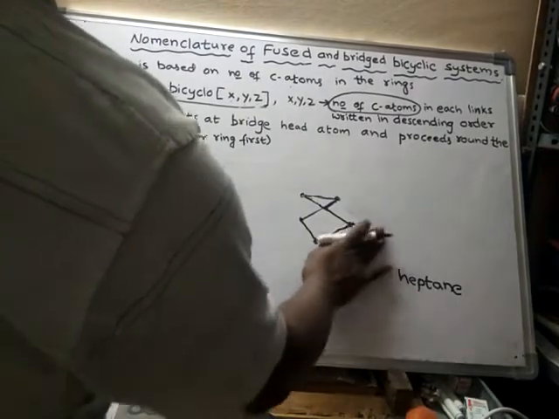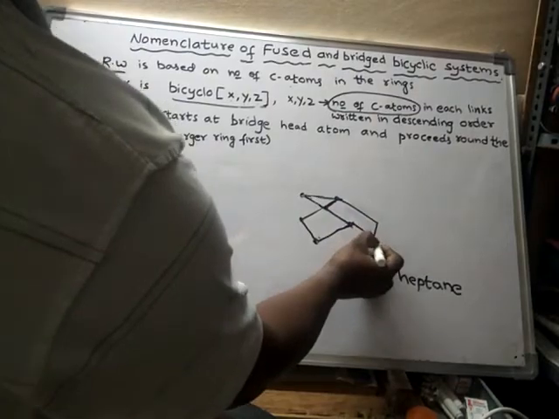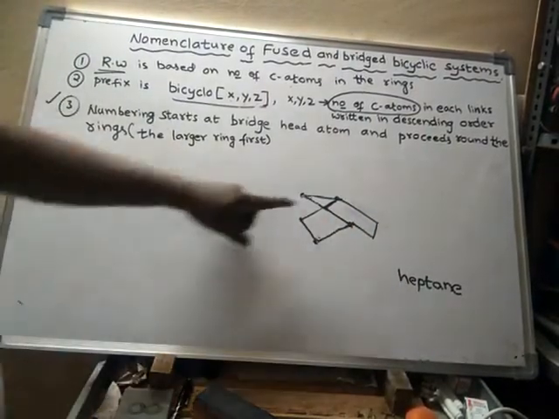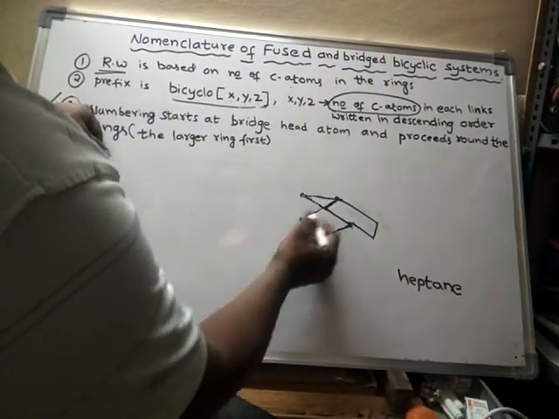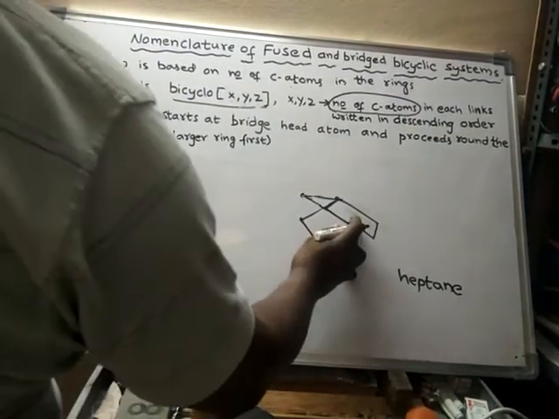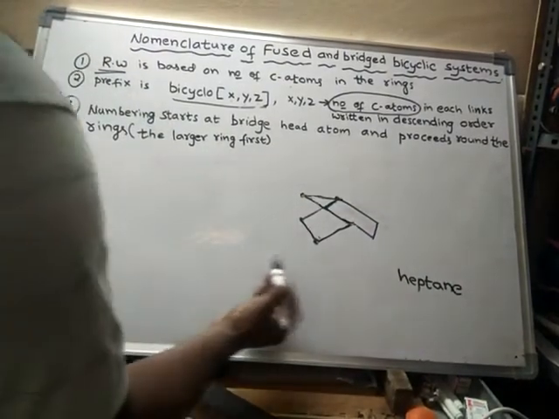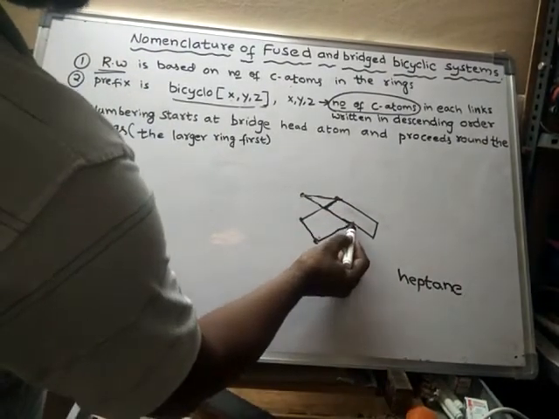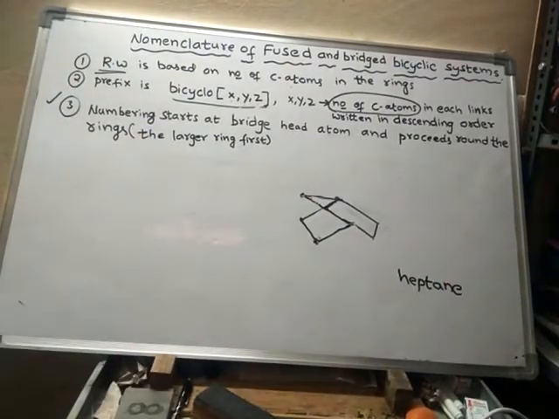I am redrawing this one. This is one link, this is another link, this is another link. How many carbons are there? 1, 2, 3, 4, 5, 6, 7 carbons are there. Heptane.